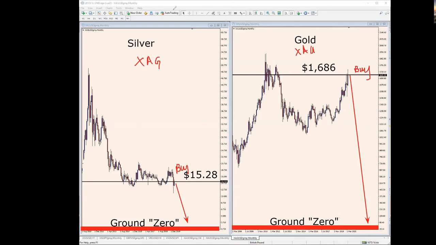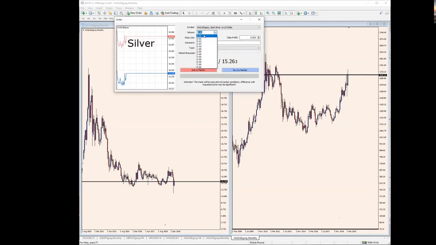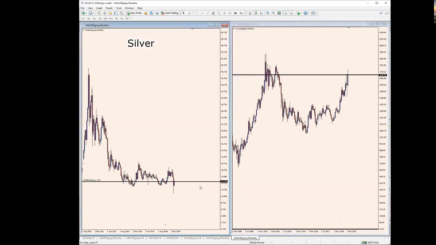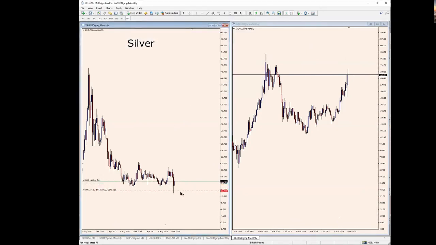Now let me show you something. Let's take a real trade in this, since you guys are watching. How much does it take to hit ground zero? Let's calculate that. I want you to see, for me to hit the bottom, I've entered 0.01 and I drag all the way down to 0.